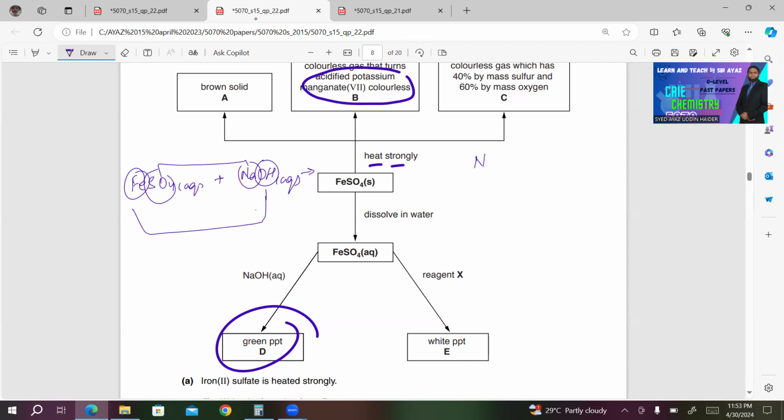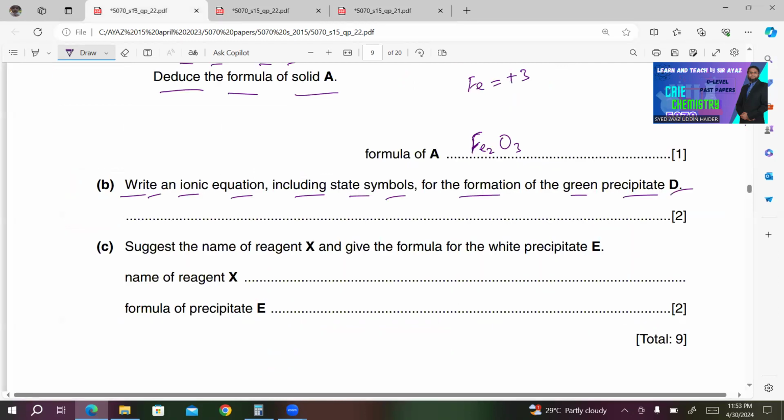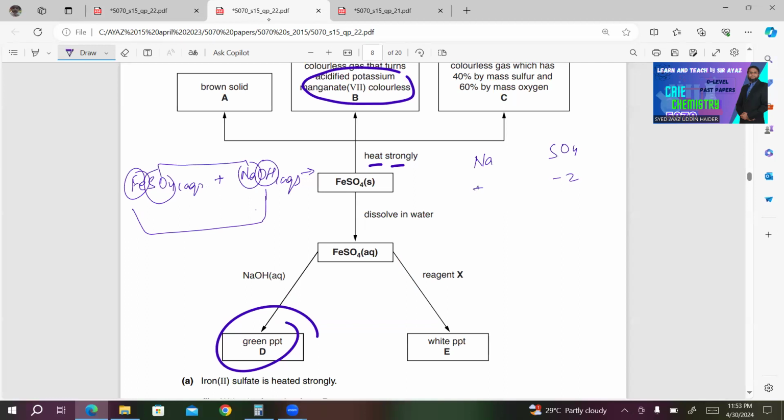Splitting the formula between Na and SO4, SO4 carries a -2 charge. Na is in group 1. Group 1 carries a +1 charge. So I will write +1 for sodium. Ignore the charges. These subscripts will be exchanged, which means we'll get Na2SO4.